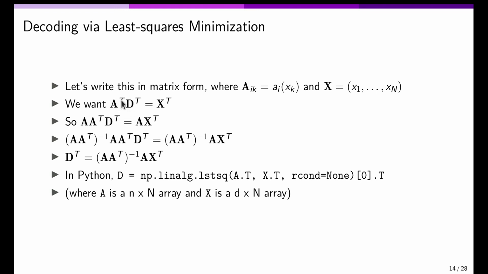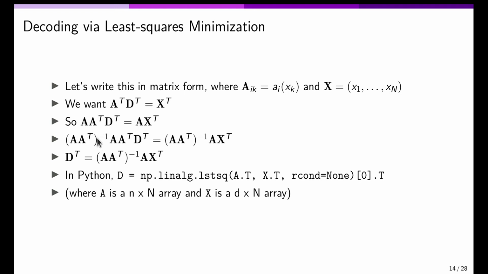I can't just multiply both sides by the inverse of A transpose, because A transpose might not have an inverse. In general, it doesn't, because it's not a square matrix. So the standard trick in this case is you multiply both sides by A. Now you've got a square matrix, AA transpose.